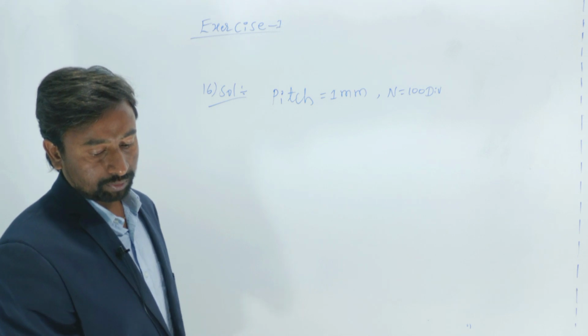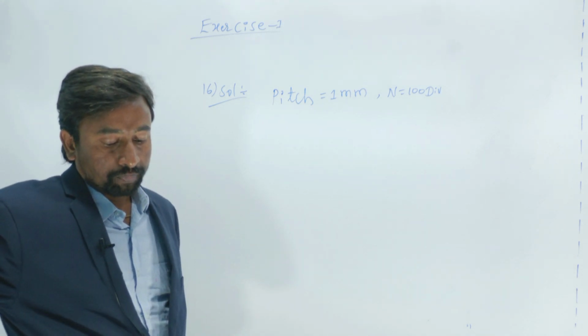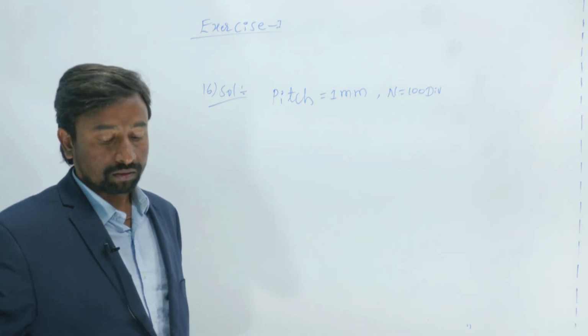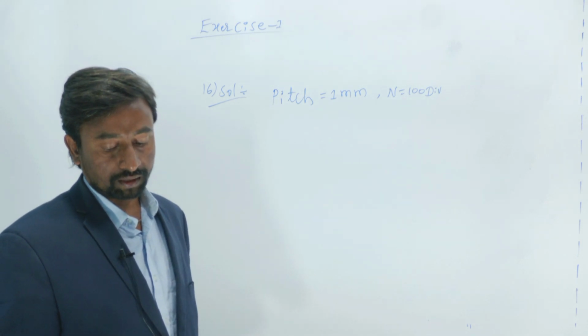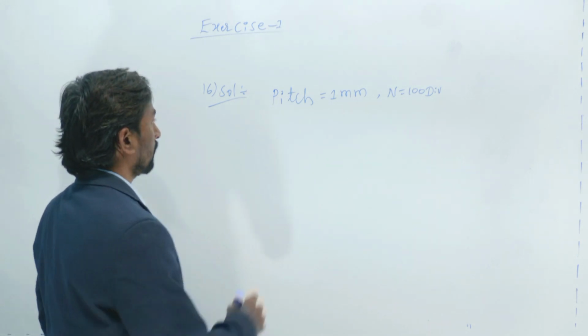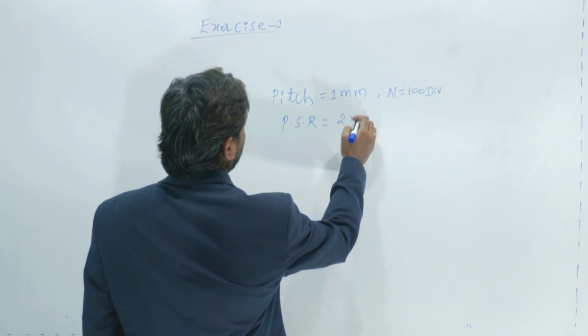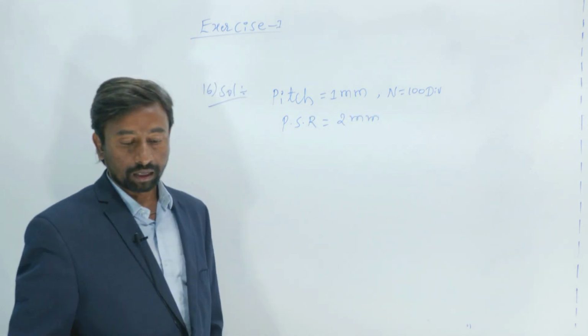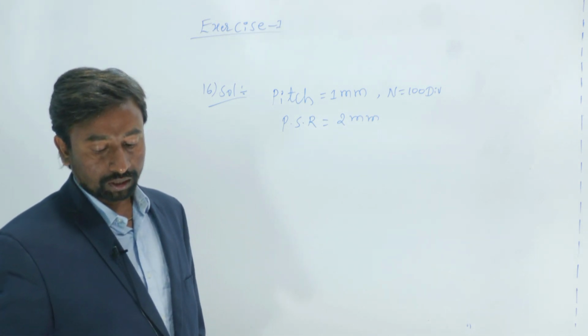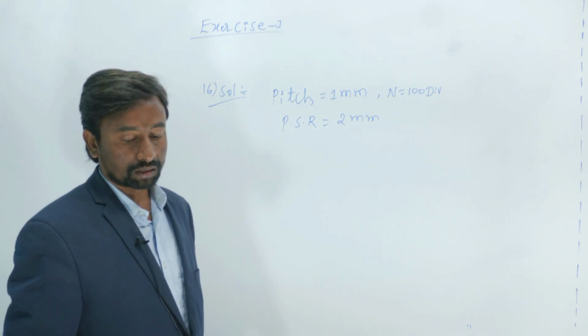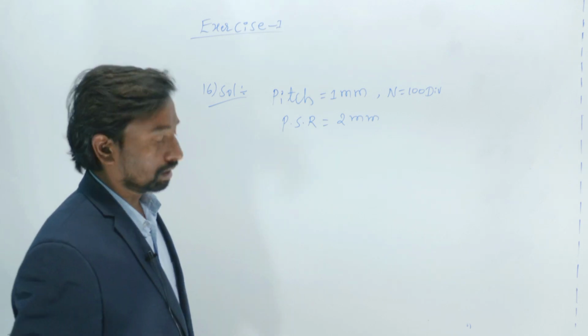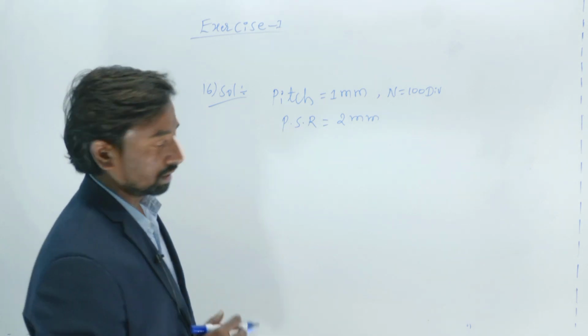Then in the measurement of the diameter of a wire, the main scale reads 2 mm, means PSR is 2 mm, and the 45th mark on the circular scale coincides with the baseline of the main pitch scale.